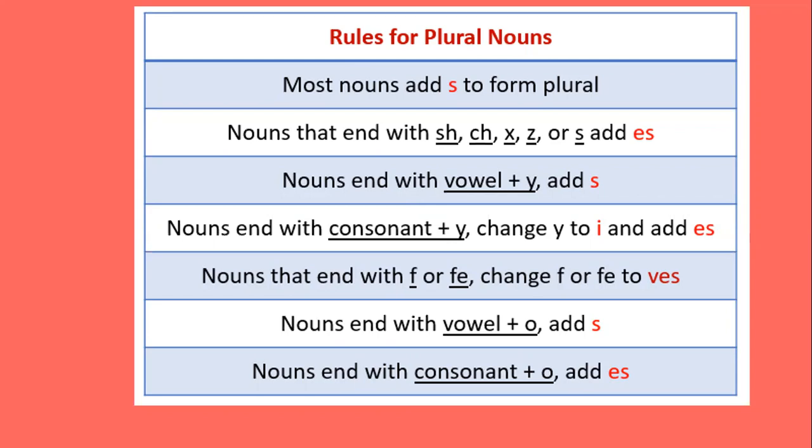Nouns that end with a consonant plus y change the y to i and then add es. Nouns that end with f or fe change the f or fe to ves. Nouns that end with vowel plus o add an s. Nouns that end with a consonant plus o add an es.